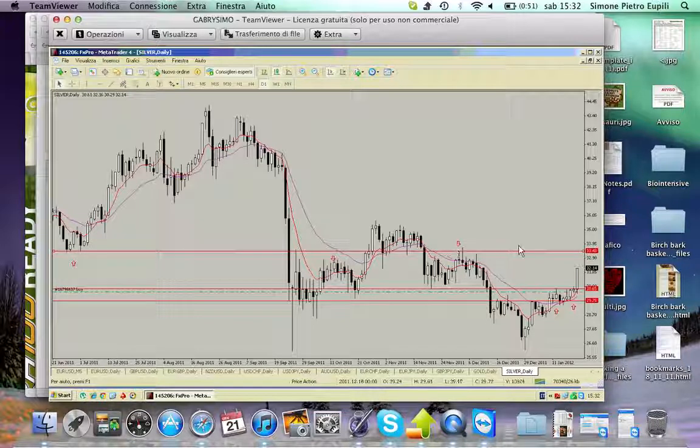So this is a good level to aim for. I prefer the 33, which is more recent. Here, okay. So we are in this trade too.